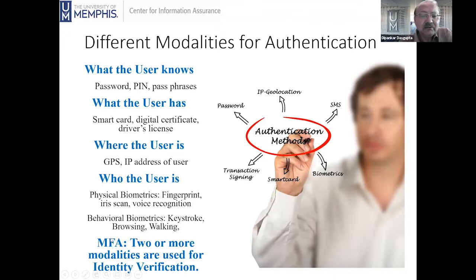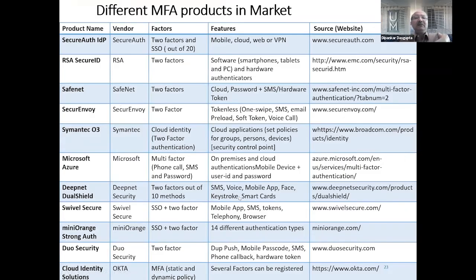And multi-factor authentication uses two or more of these modalities in current practices. So these are different products in multi-factor in the market. And I put their website links and their capacity on multi-factor.